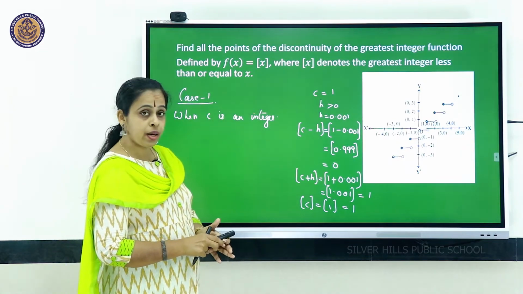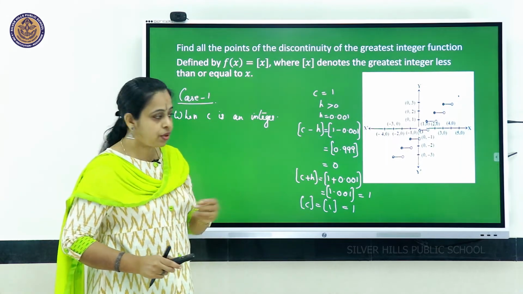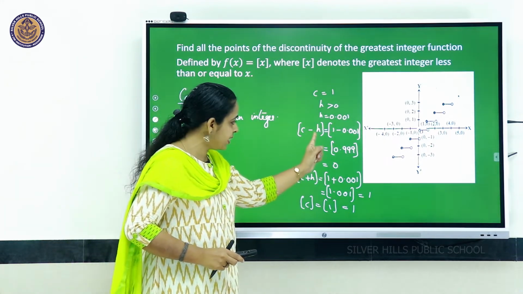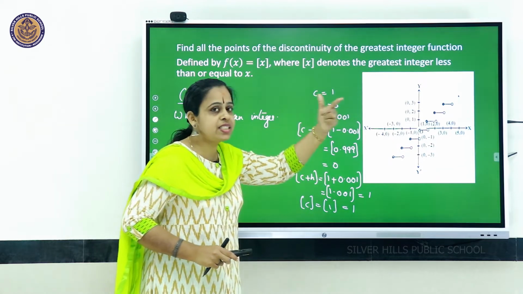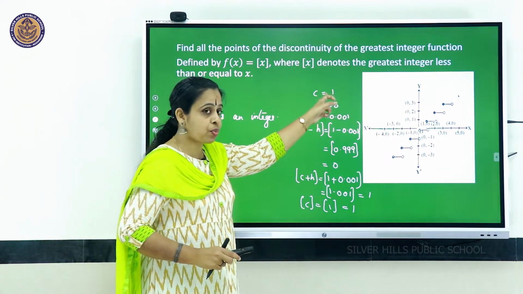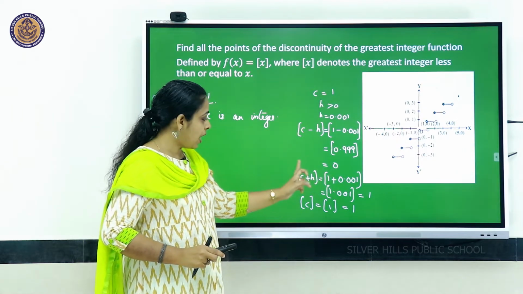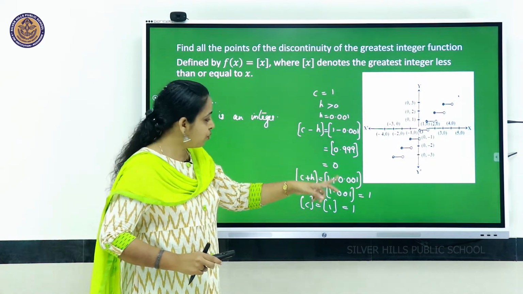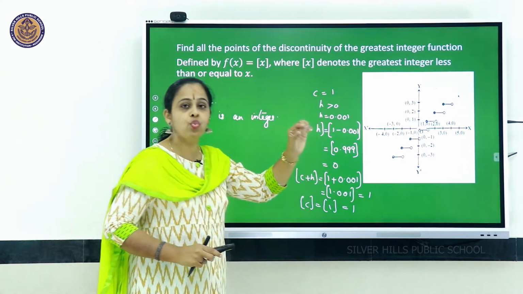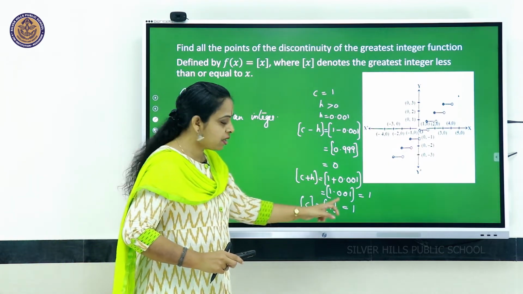Now, please look here. We took c as an integral value. We approached through the left side. We got a number 1 less than the integer which I took. I took the integer 1. 1 less than 1 means 0. I approached to the right side, c plus h. We got the same integral value as the integer I took, 1 itself. C, its value is 1.